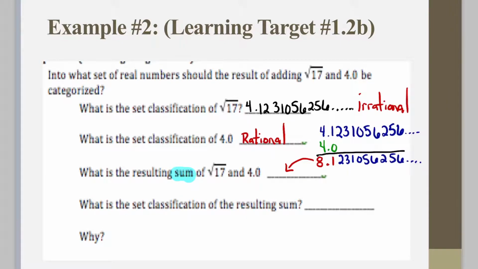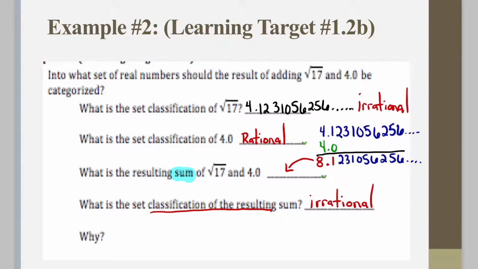And so looking at the next to last question about the set classification of the resulting sum, we notice that it is again a decimal that neither repeats nor terminates. And for that reason, we can conclude that we have an irrational number.